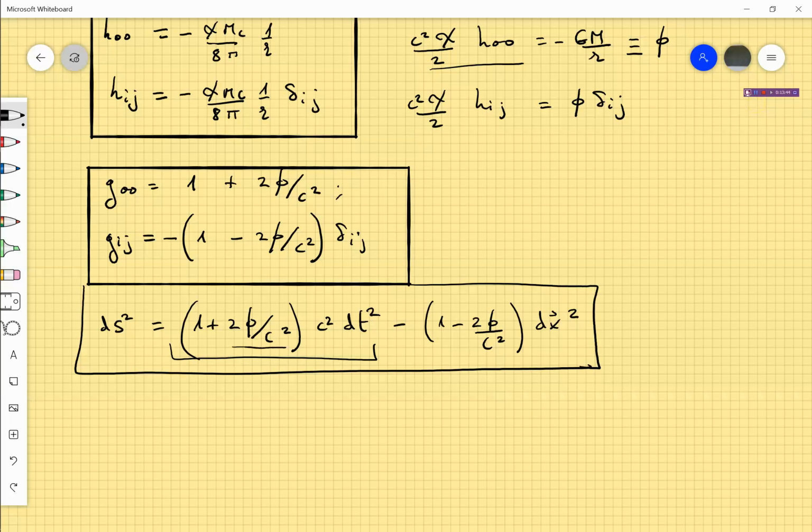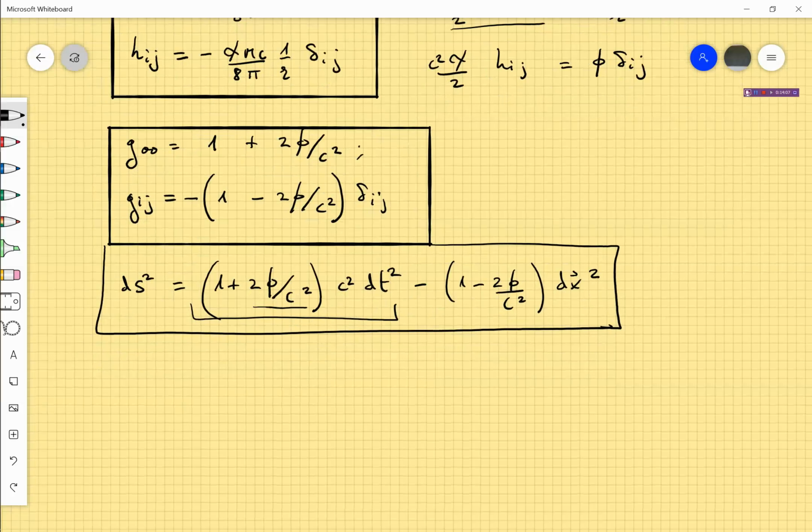And then we showed that this was part of some metric to which we gave a name, and that it was what an accelerated observer sees in Minkowski space-time. Since this was equivalent to Minkowski space-time, the metric was flat and the curvature was zero. Now what we are showing is that there is an extra piece here, and this is telling you that the curvature is different from zero, and that there is a non-trivial gravitational field.